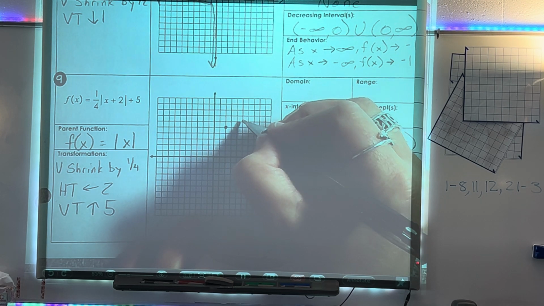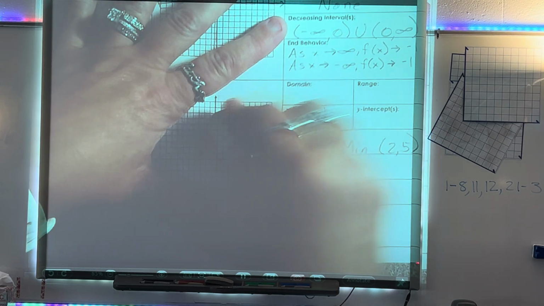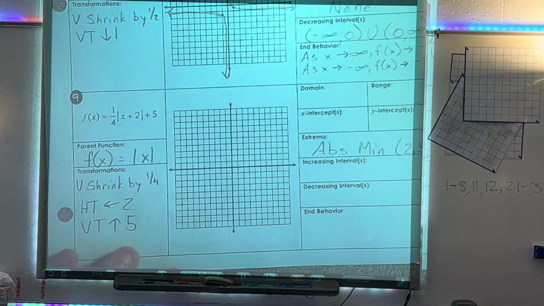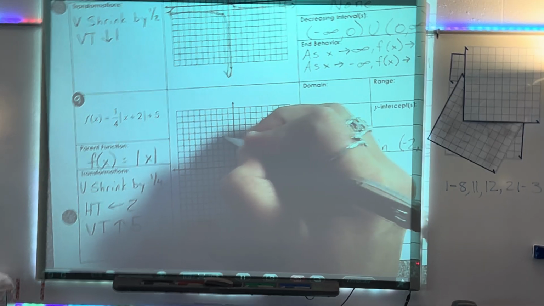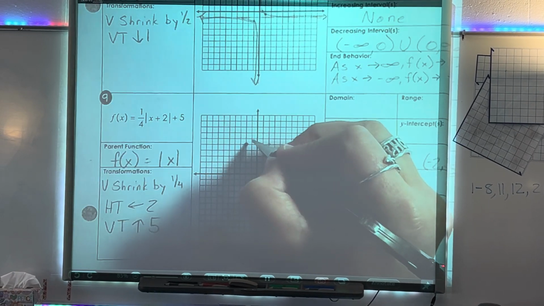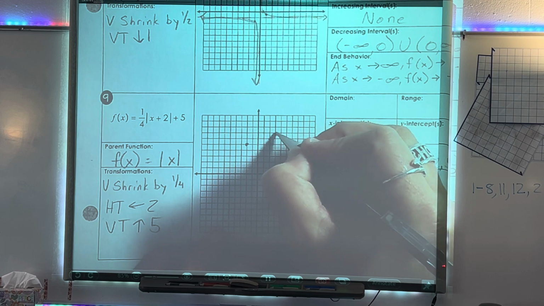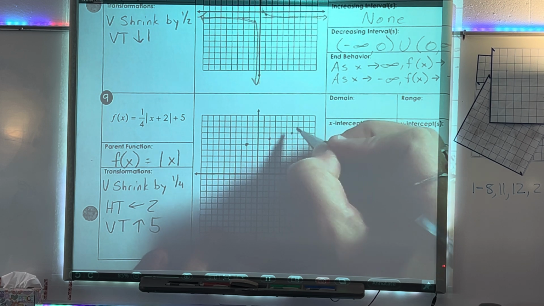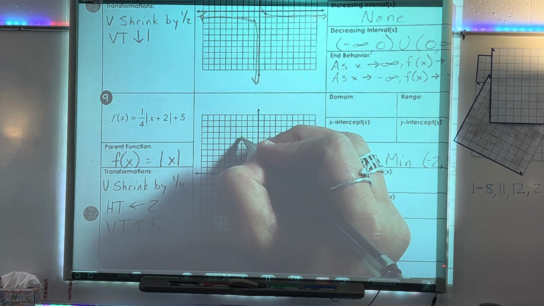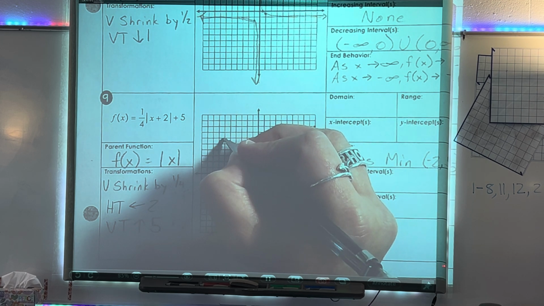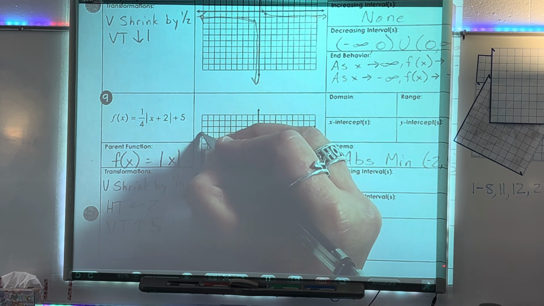Hey, is it not -2? What? Oh, crud. Yes, it is -2, because I said to the left and I didn't do it. I went to the left 2 and then up 5. Alright, there it is. Then I've got a slope of 1/4, so 1, 2, 4.